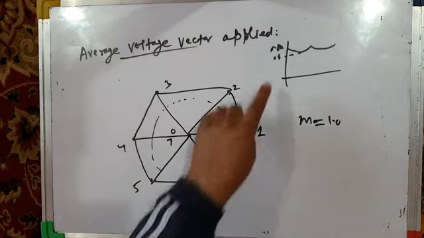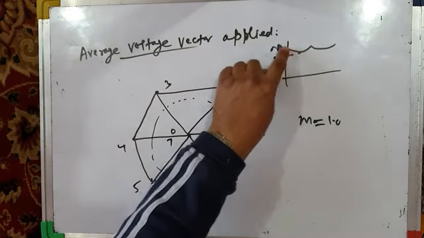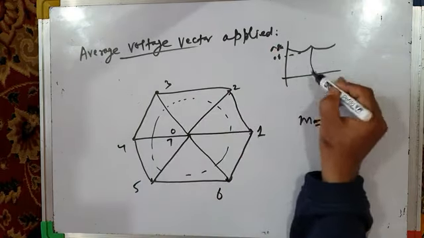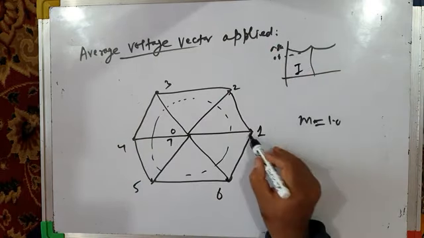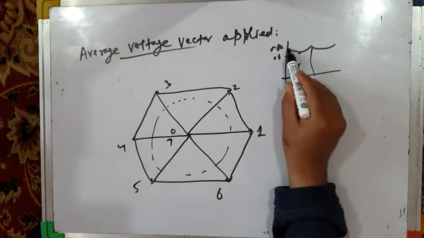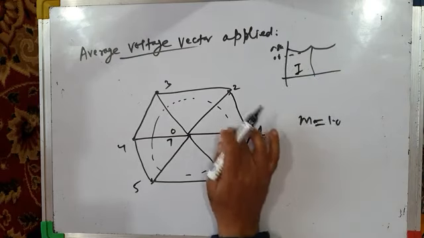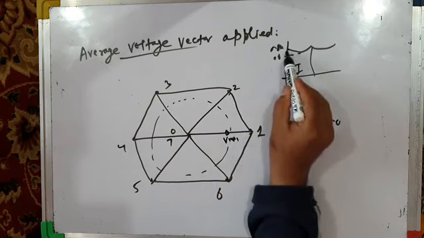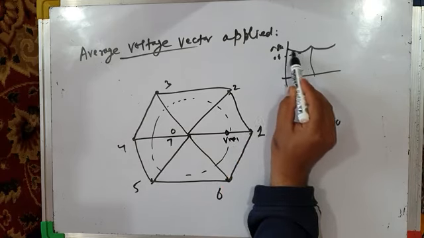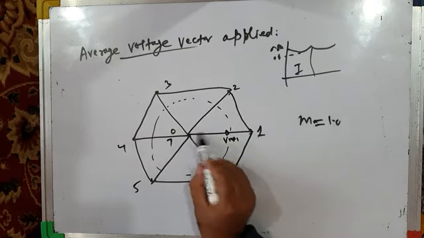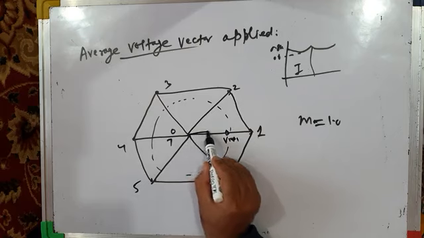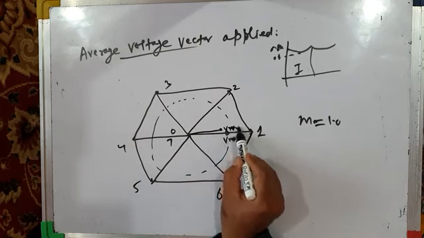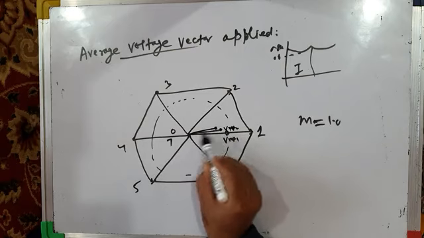But just a few moments back, we have seen that in each sector, its magnitude is not constant. For example, when you start, say you take sector 1, at alpha equal to 0 degree, its magnitude is maximum. So it will have maximum magnitude, say this is your VREF1. Then as you move from 0 to 30 degrees, magnitude decreases with each sample. Its magnitude varies. This is VREF2. Its magnitude further decreases.